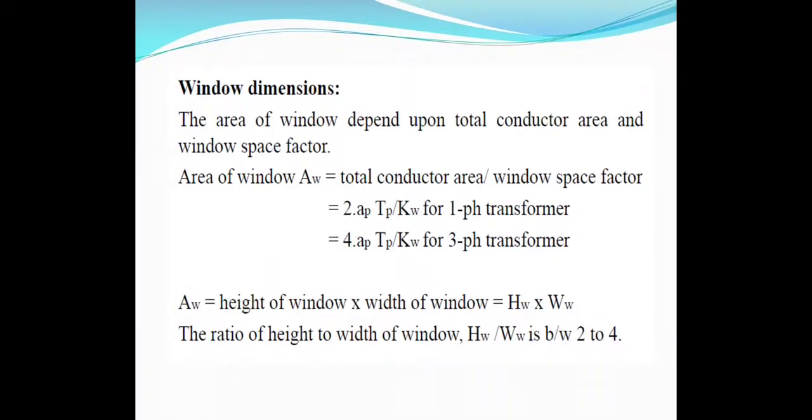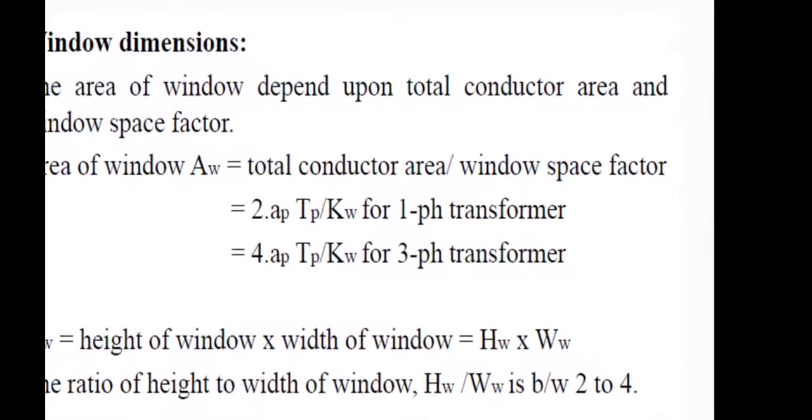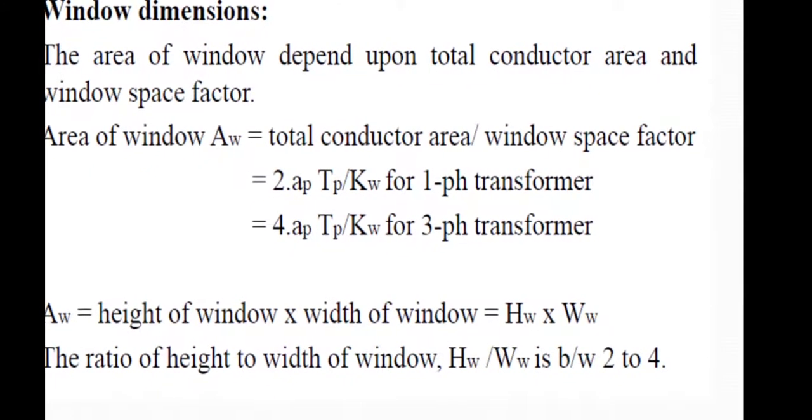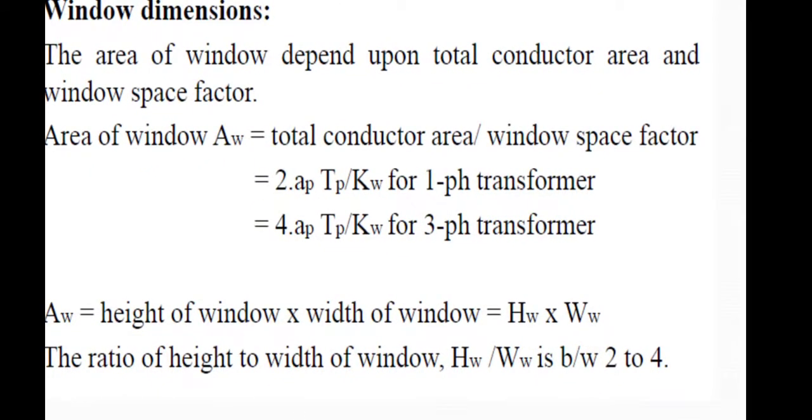And next topic is window dimension. What are the main dimensions of the window? They are the height of the window and the width of the window. From this we can find the area of the window. The area of the window can also be calculated by this formula, 2 Ap Tp by Kw, where Kw is the window space factor, Ap is the area of the cross section of the primary conductors, and Tp is the turns of the primary conductors.